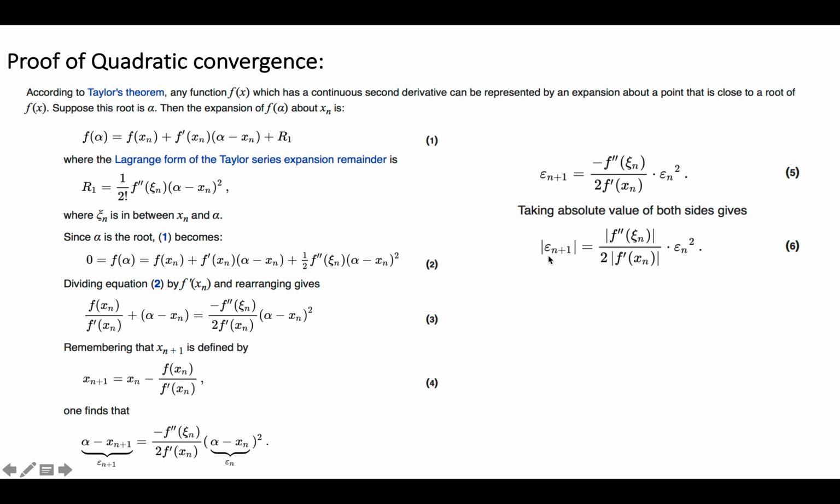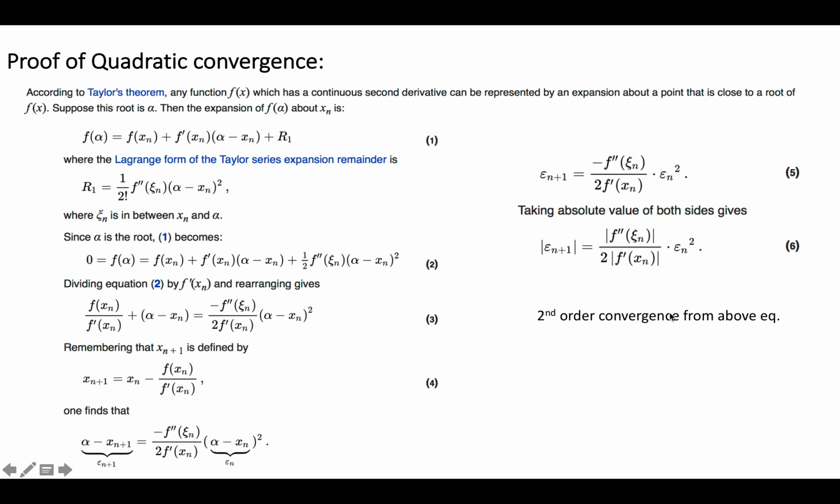So we remember the convergence formula, in which we have epsilon n plus 1 divided by epsilon n raised to the power m. So that m gives you the order of convergence. So here the value of m comes out to be 2. So it clearly shows that it is second order convergence.